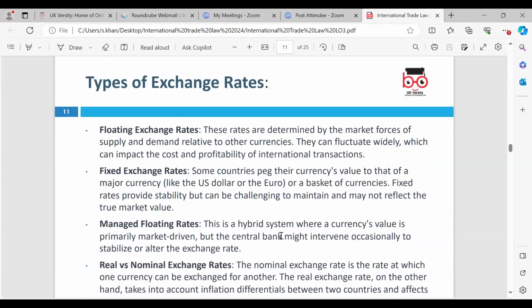So, types of exchange rates. We have firstly the floating exchange rates. These rates are determined by market forces of supply and demand relative to other currencies. You need to bear in mind that you are taking into account different types of exchange rates before trying to trade globally.